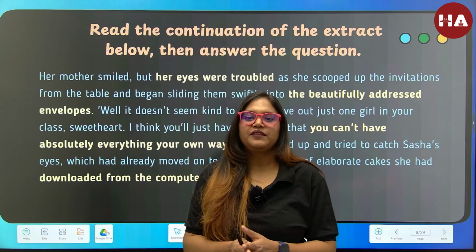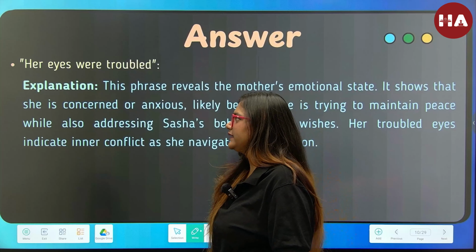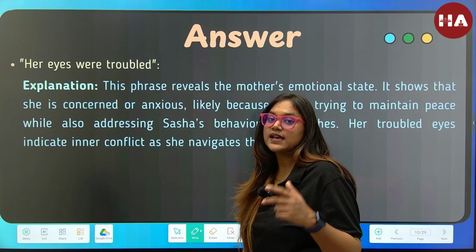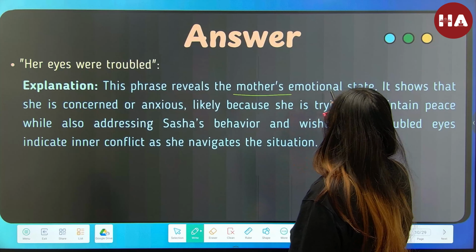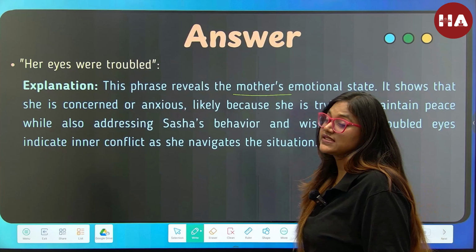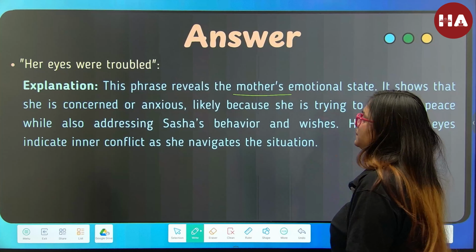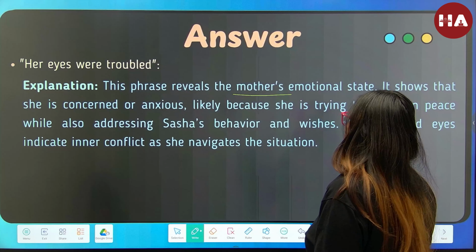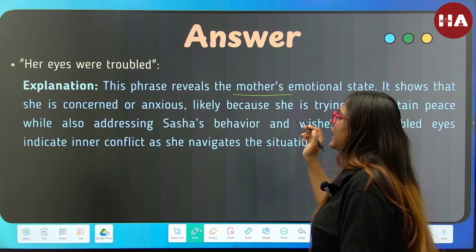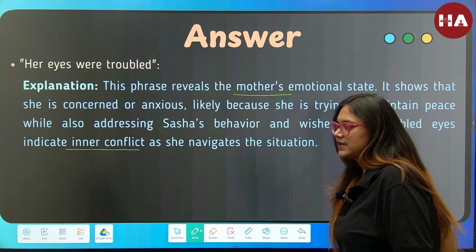I hope you would have done it. So let's discuss what all those highlighted phrases mean. The first one was, "her eyes were troubled". This phrase reveals the mother's emotional state. It shows that she is concerned and anxious, likely because she is trying to maintain peace while also addressing Sasha's behavior and wishes. Her troubled eyes indicate inner conflicts as she navigates the situation.